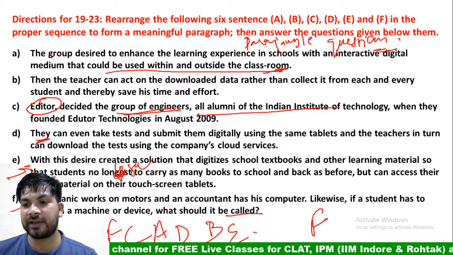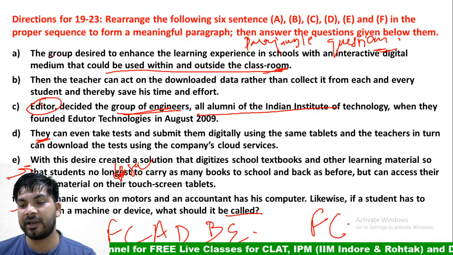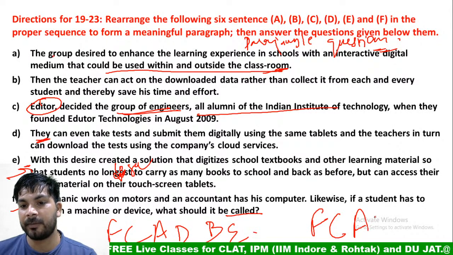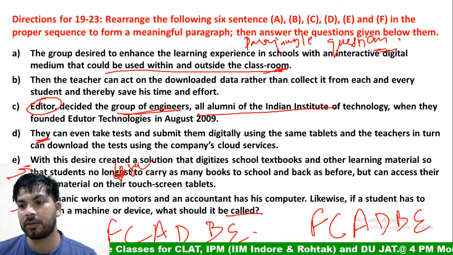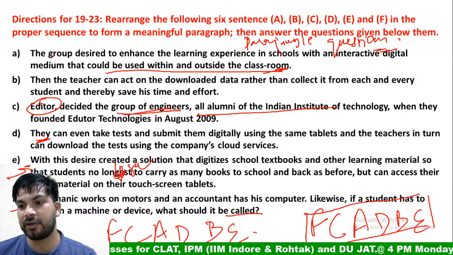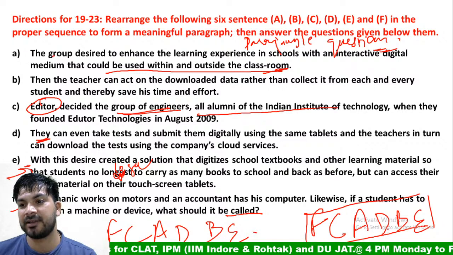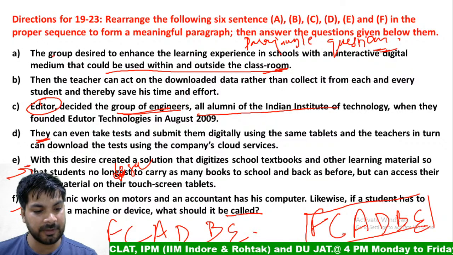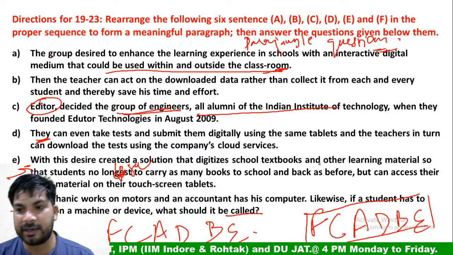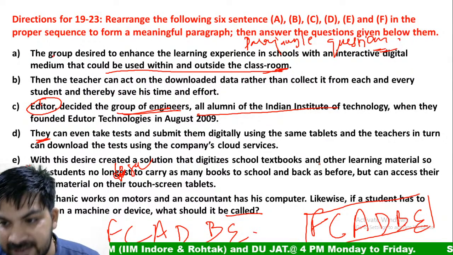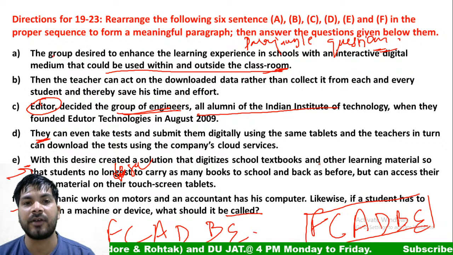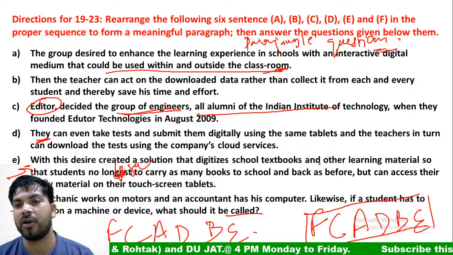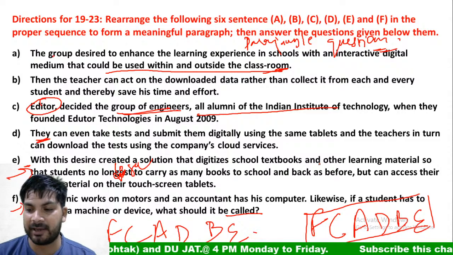So we can start the idea with F, then we give the name, then what happens with the teachers, what happens with the students, then they can also write tests, then what can teachers do, and then the overall conclusion of the paragraph. The correct answer should be FCADE. That is how it goes, right? So the correct answer should be FCADE, ladies and gentlemen. And that is how we can arrange all the statements of the paragraph.